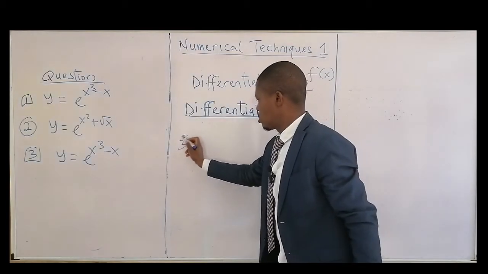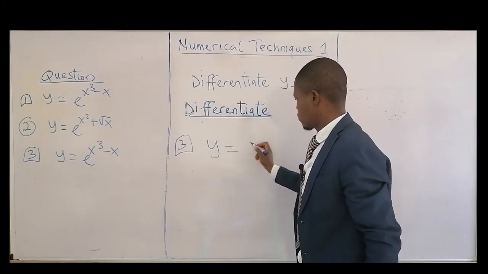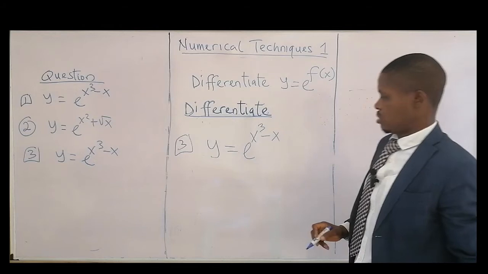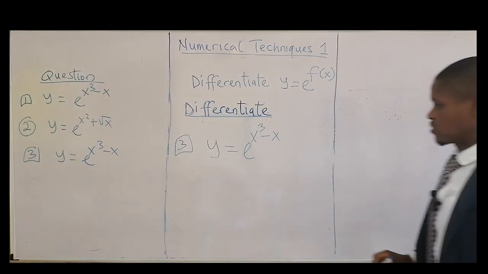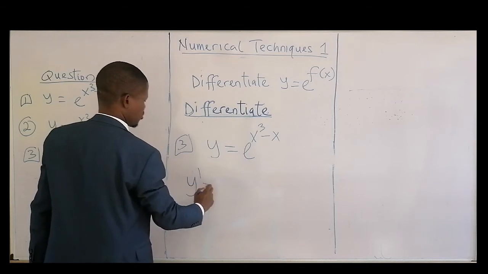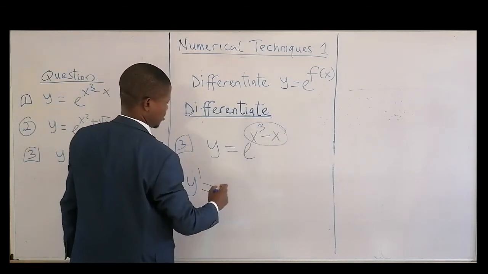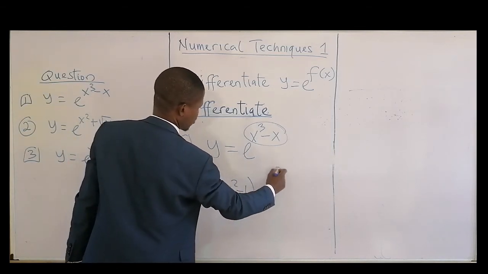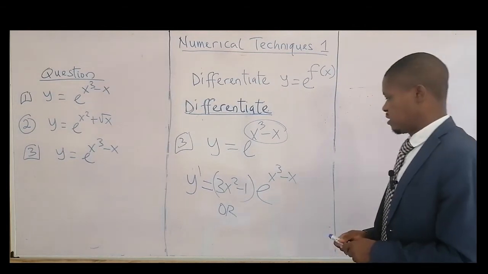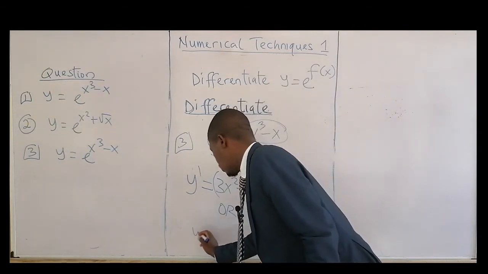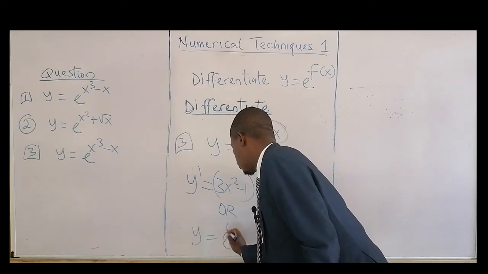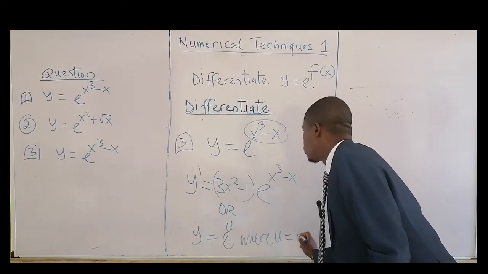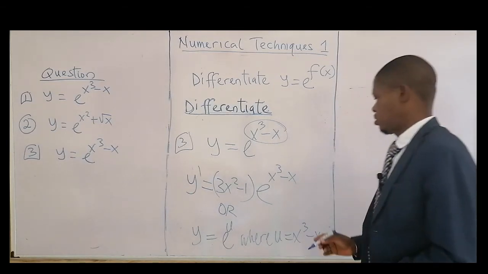The next question is y equals the exponential to the power x cubed minus x. We can do it straight away without wasting time. So y prime will be equal to the derivative of this power, which is 3x squared minus 1, then the exponential of x cubed minus x. In more detail, y will be equal to e to the power u, where u is equal to x cubed minus x.